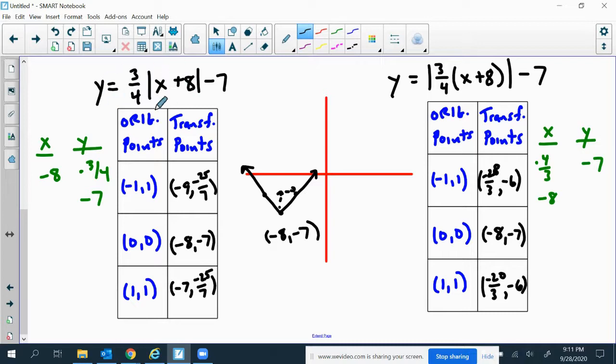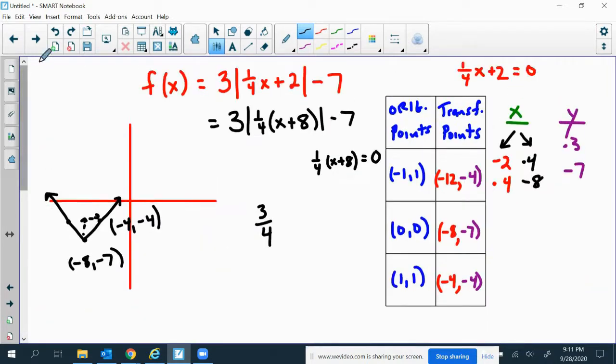In this problem, our y values are all shrinking. They're all moving down in some sort of way by getting multiplied by 3/4. In this problem, each of our x values is getting stretched in some way because we're multiplying each of our x's by 4/3.